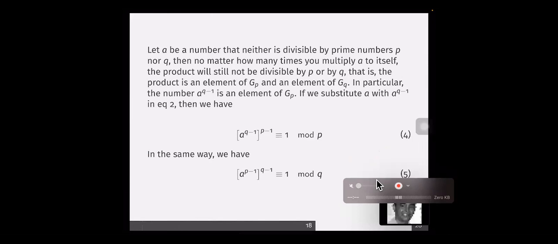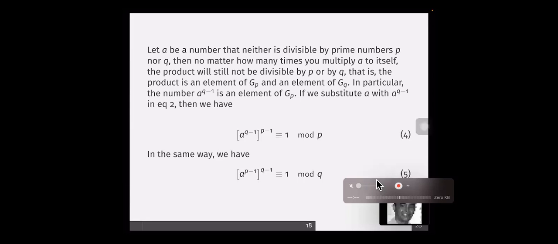So suppose we have a number, let's call it a, and this number is neither divisible by the prime numbers p and q.